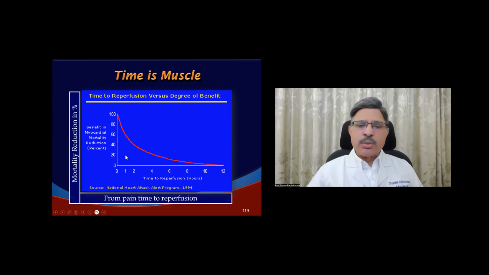The earlier you do it, from pain time to reperfusion, the mortality reduction in percentage will be very good if you do it within the first 2 hours. Time to reperfusion versus degree of benefit: time is muscle.